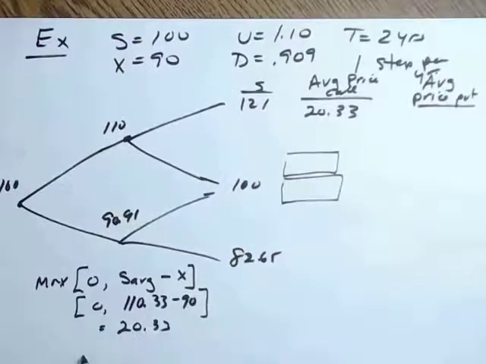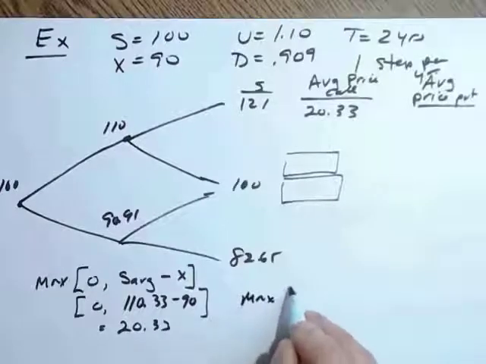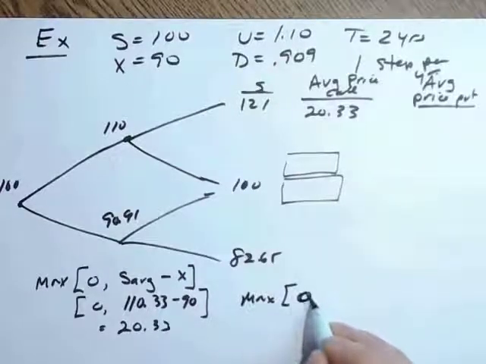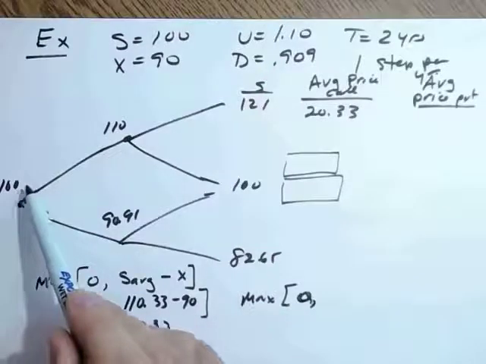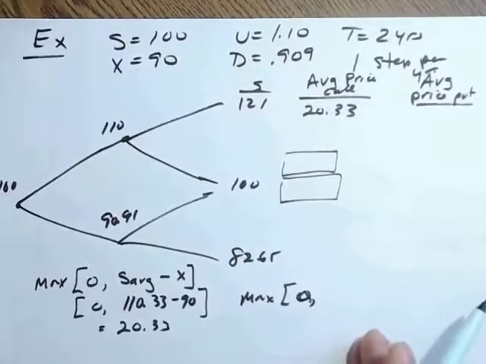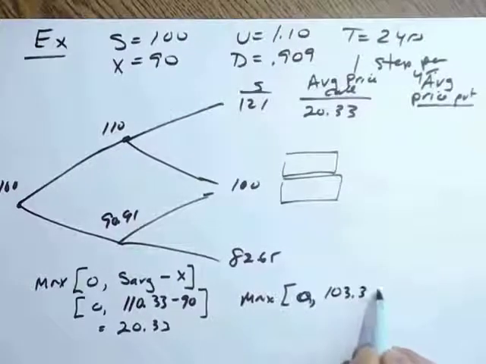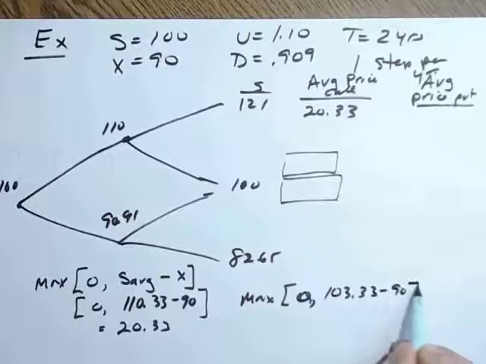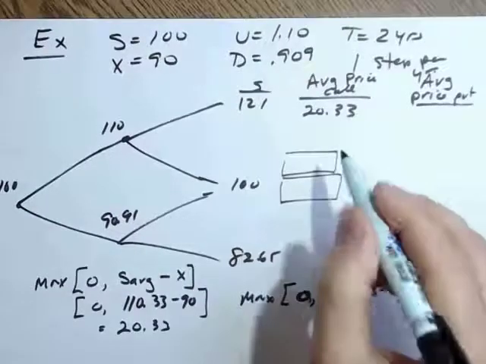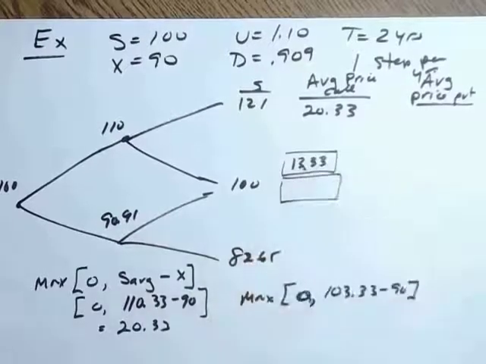We're going to look at the maximum of 0, or the average of 100 plus 110 plus 100, and that average is 103.33. 103.33 minus the strike of 90 means that this is 13.33.